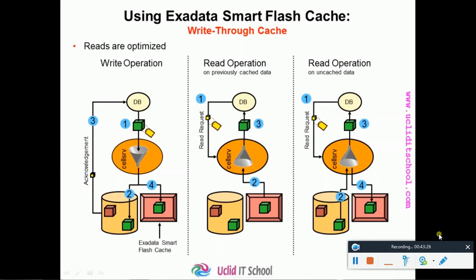Sorry, can you repeat the question? Table X is already cached by the default mechanism, and you also try to manually cache the table once again. It doesn't cache it again. It will check that it is already in the cache, then it will ignore that. Oh, okay.